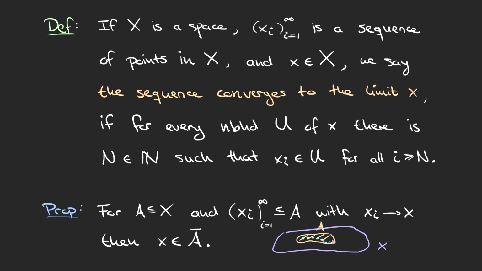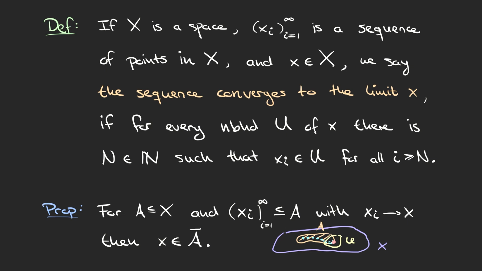All right, so let's take some arbitrary neighborhood around our limit x, this would be U, and now we need to show that it contains some point of A. But we know that the sequence of points x_i converges towards x, and by definition this means that as of some index, all of the points in the sequence actually lie within this neighborhood U. But by assumption, our sequence of points are points of A, so in particular, there's going to be one point of A that lies within the neighborhood.